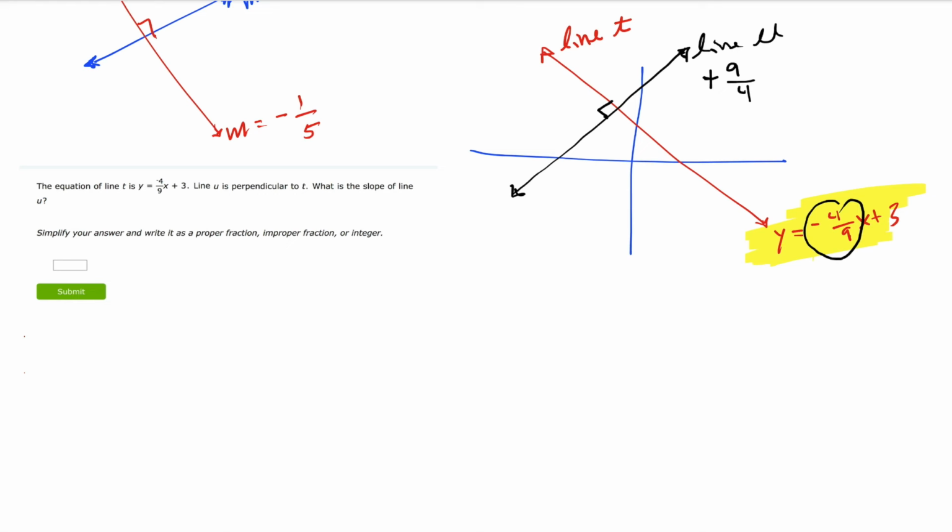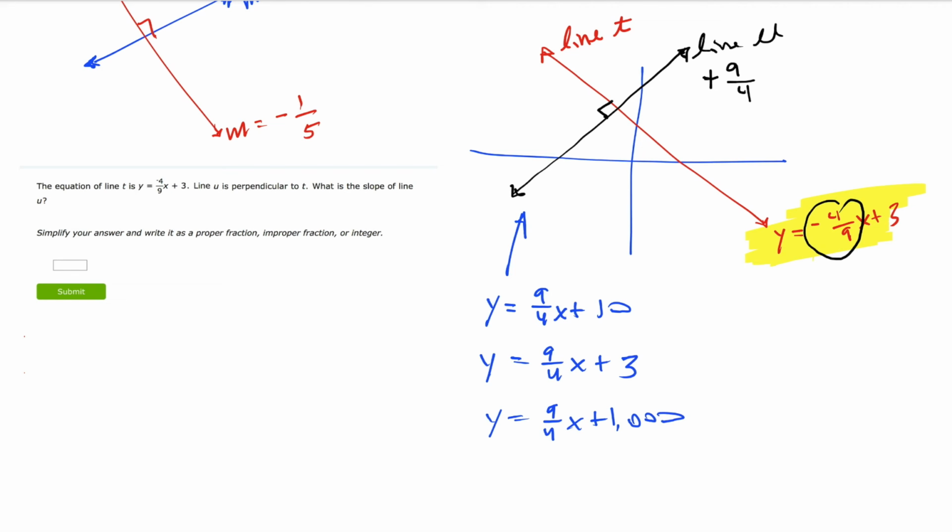Okay? This other line, I don't know the equation at all. I don't even have enough information to do it. So if I want to write the equation for this one, I could write it as y equals 9/4 x plus 10, or y equals 9/4 x plus 3, or y equals 9/4 x plus 1,000.